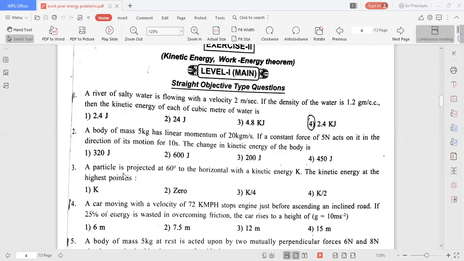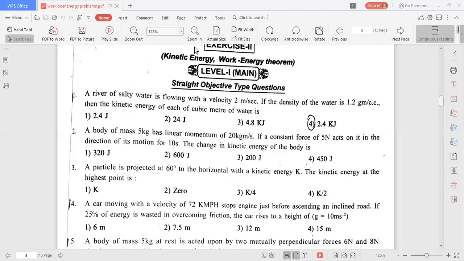A particle is projected at 60 degree to the horizontal with a kinetic energy K. So one body is projected with a kinetic energy K at an angle of projection 60 degree. What is the kinetic energy at the highest point they asked? Once in mains, they asked this problem.